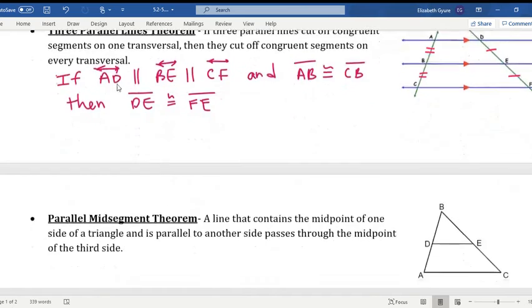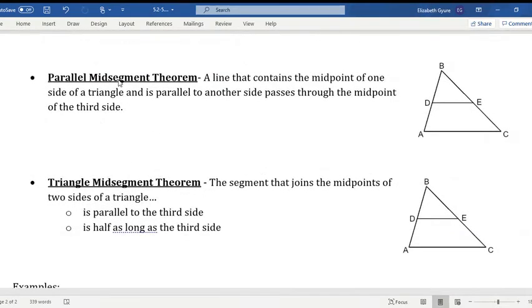Okay. All right. Parallel mid-segment theorem. Mid-segment. I like that vocab word because it sounds like exactly what it is. It's the segment in the middle, basically, the midpoint, right? I'm just going with what it sounds like. But that one should be kind of easy to remember. So we have two theorems that deal with mid-segments.